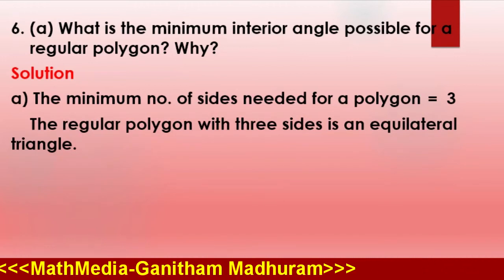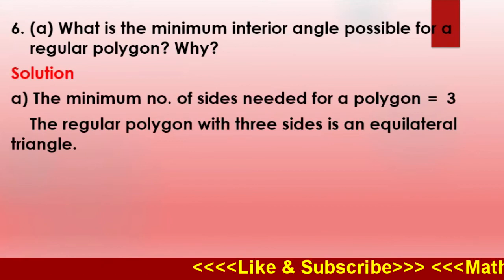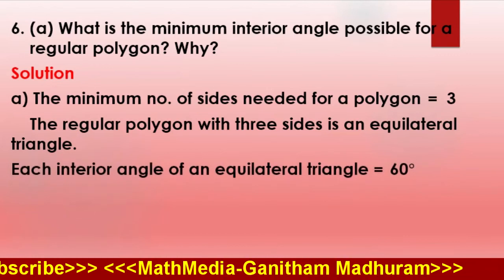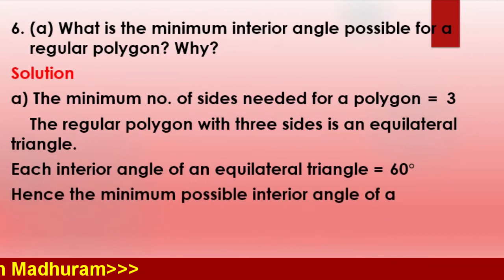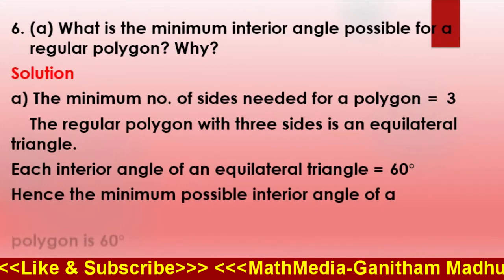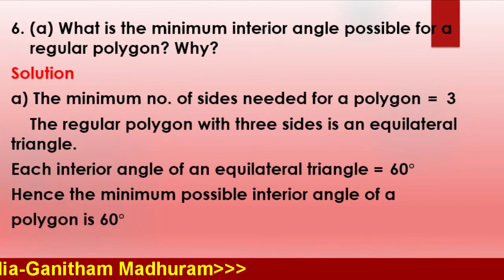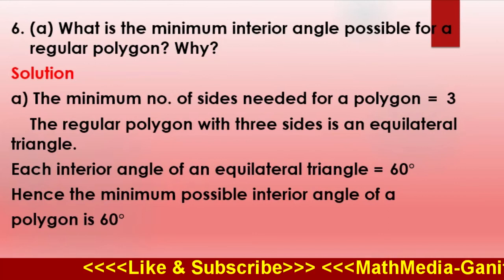The regular polygon with 3 sides is an equilateral triangle, and we know that the interior angle of an equilateral triangle is 60 degree each. Hence, the minimum possible interior angle of a polygon is 60 degree, because the minimum number of sides required for a polygon is 3 only.